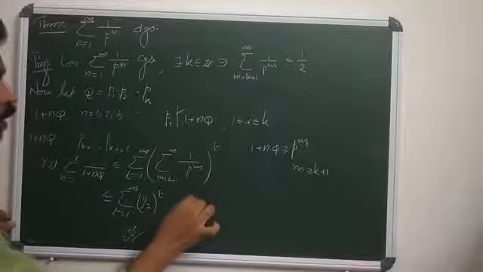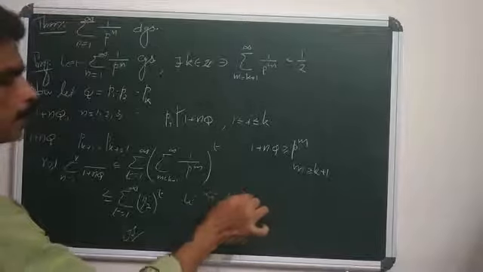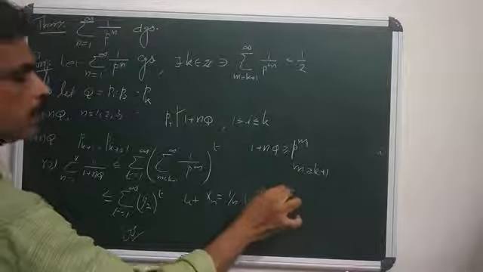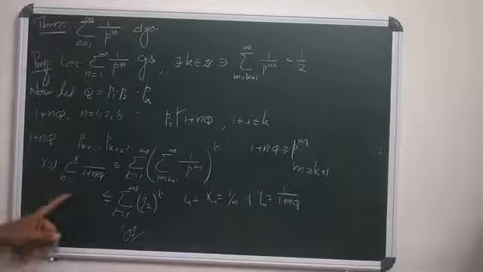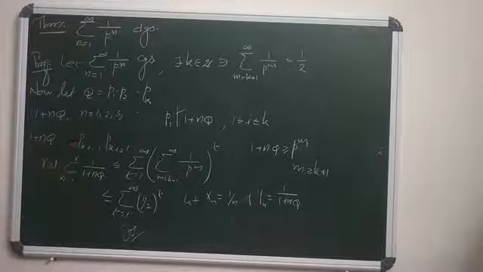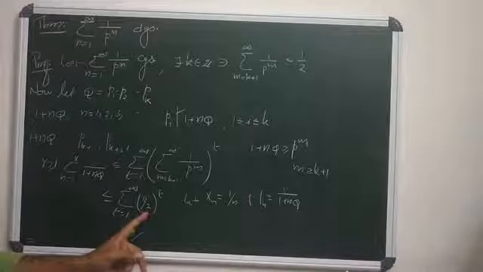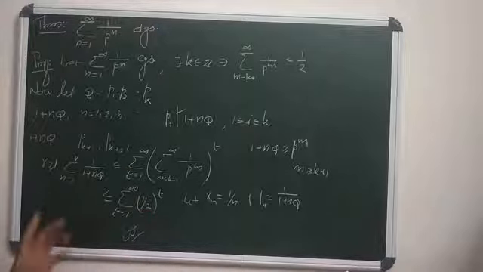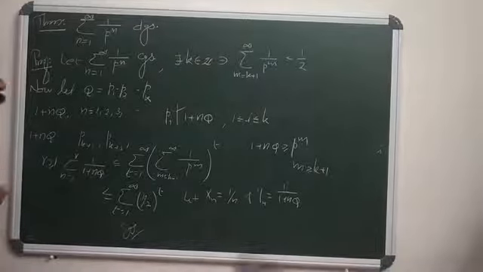Now consider xn equals 1 by n and yn equals 1 by 1 plus nq. Here we obtain this series sigma n ranges from 1 to r, 1 by 1 plus nq, which has a bounded partial sum, hence it is convergent. But we choose the sequences xn equals 1 by n and yn equals 1 by 1 plus nq.